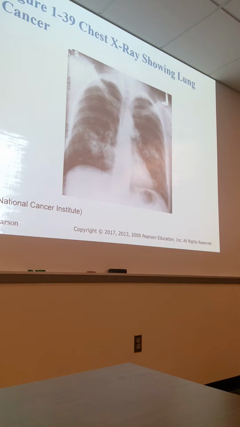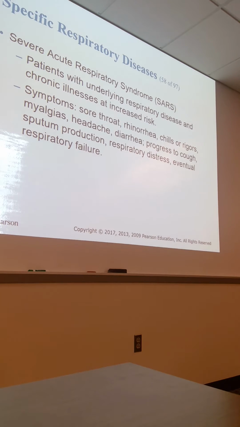That's a lung cancer. Off on the left side there, that peripheral, you see, everybody see where that is? All right. So people with underlying respiratory distress are at increased risk. If you already have lung disease, having another lung disease on top of it is a problem, even if it's a viral infection.